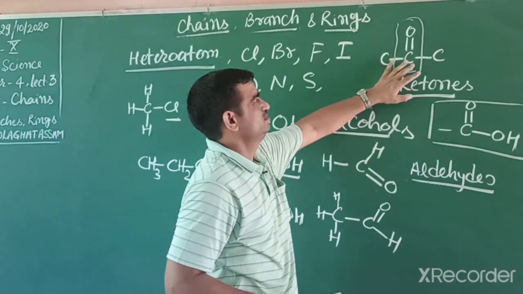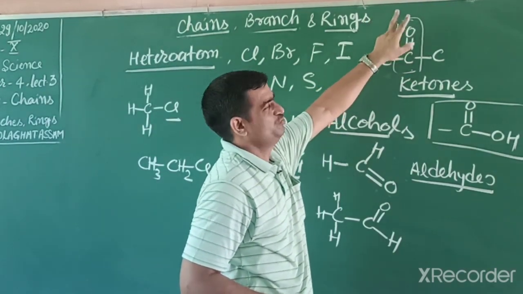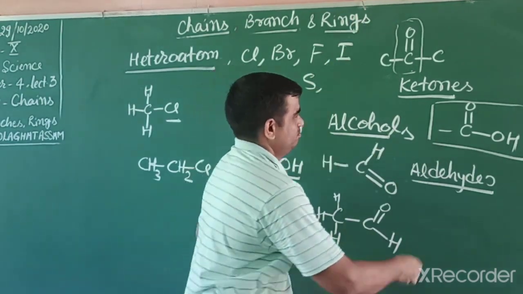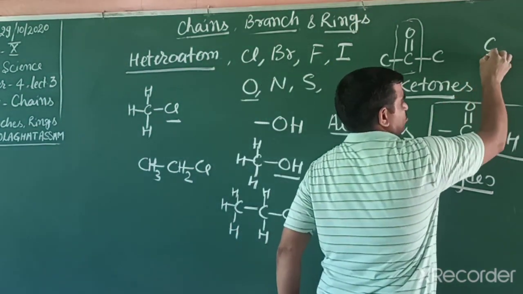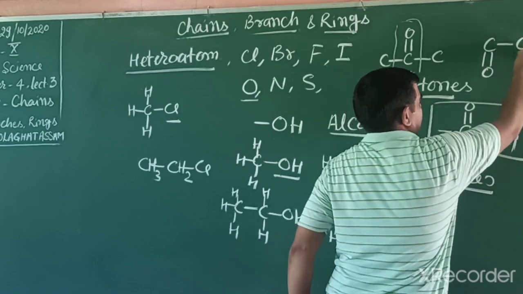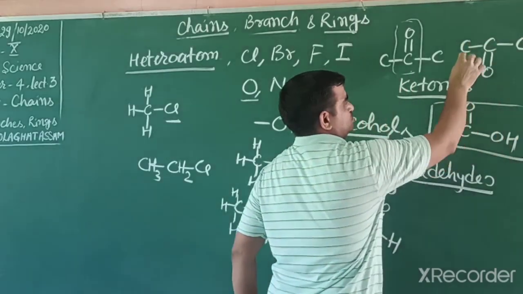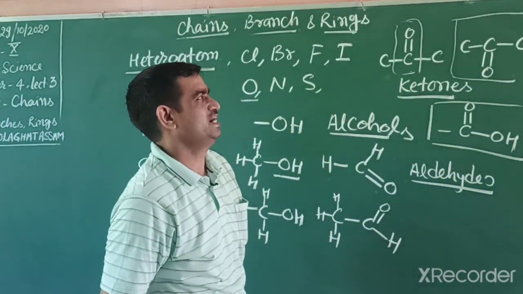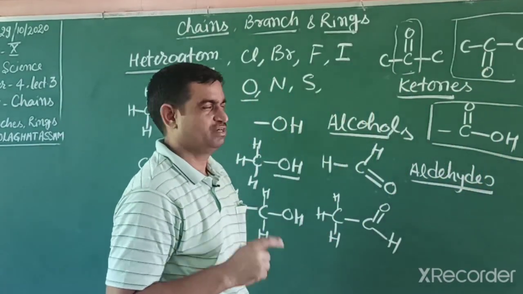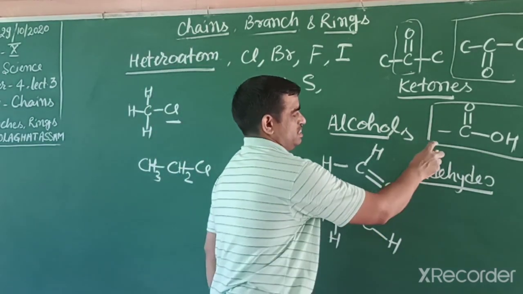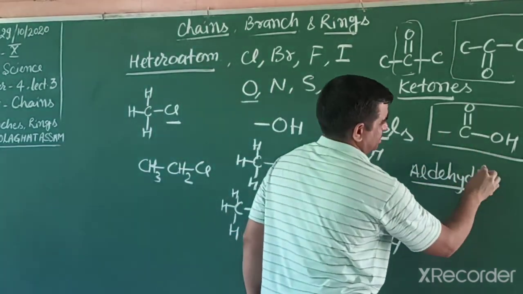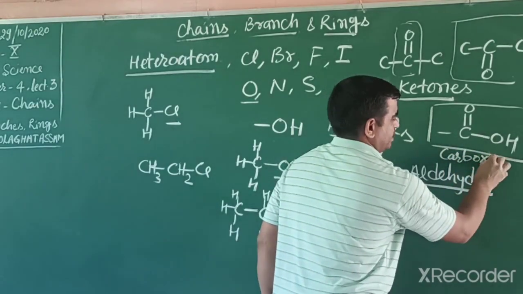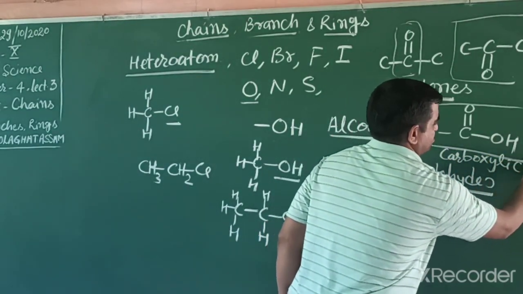If both sides have carbon with a double bond to oxygen, upper or lower, no problem, we can write it like this also, that is also a ketone. So at least 1 carbon is required on both sides. And if COOH is present, that compound is carboxylic acid.